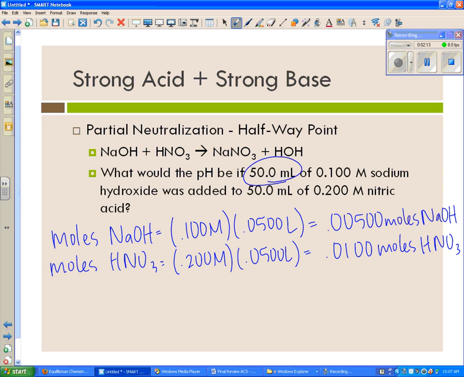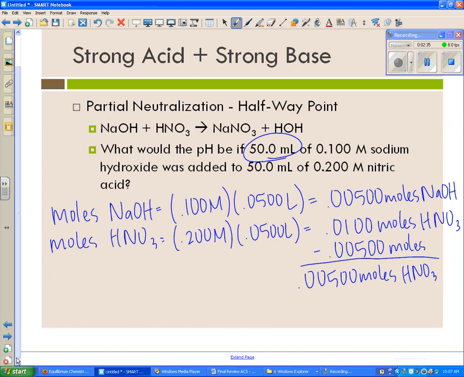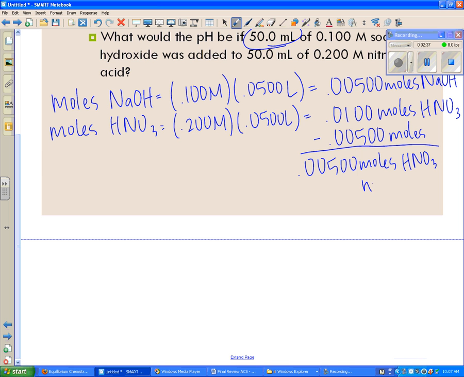So to find out how much acid is remaining, I would subtract the amount of acid that will be neutralized, which is 0.00500 moles. And this will give me 0.00500 moles of acid that is not neutralized.